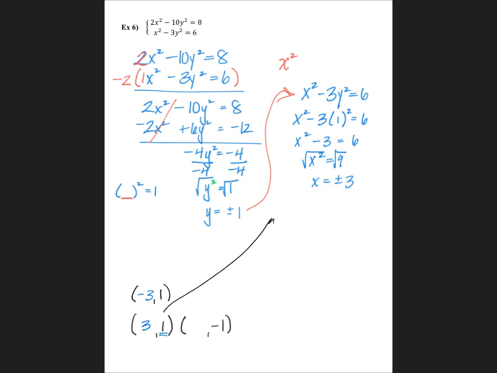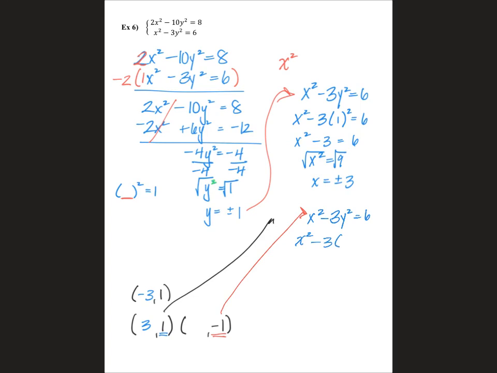All right, now let's repeat this process where I'm going to substitute -1 in for y. I'm going to take this top equation, my x squared minus 3y squared. In for my y squared, I'm going to substitute that -1.